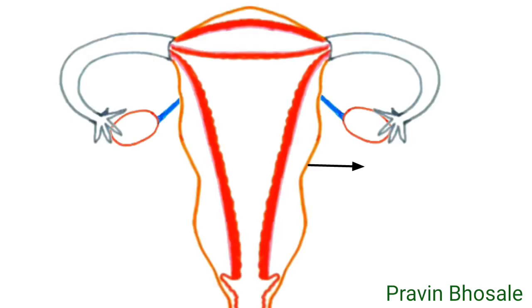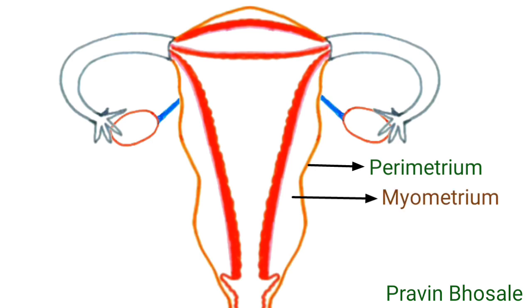The highly distensible uterine wall consists of an outer serous layer derived from peritoneum called perimetrium. The middle thick muscular layer of smooth muscle is called myometrium. The inner highly vascular mucosa is called endometrium.